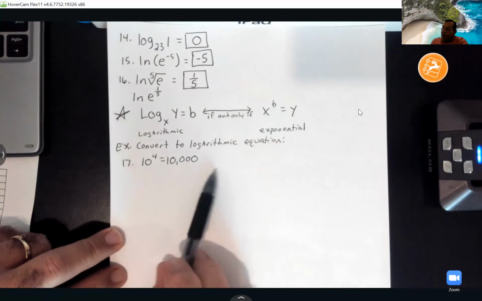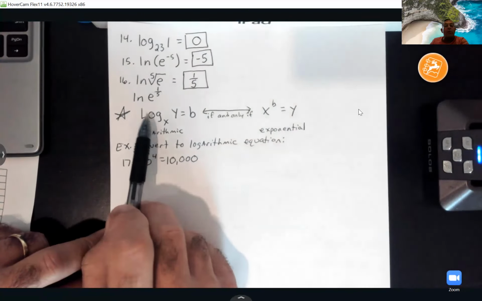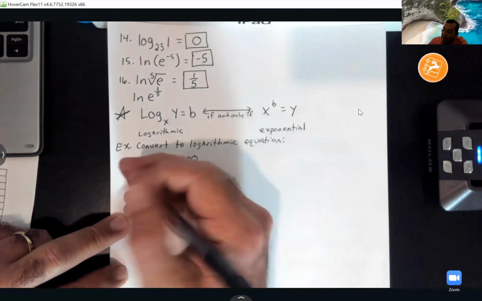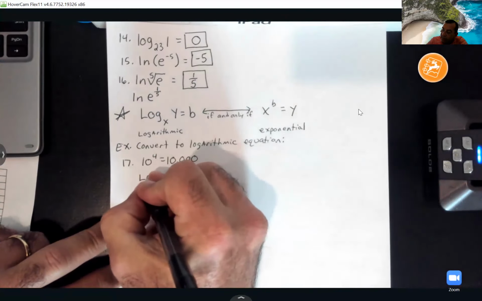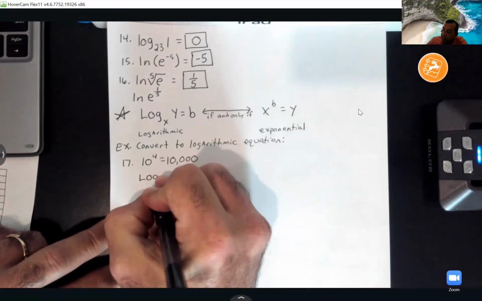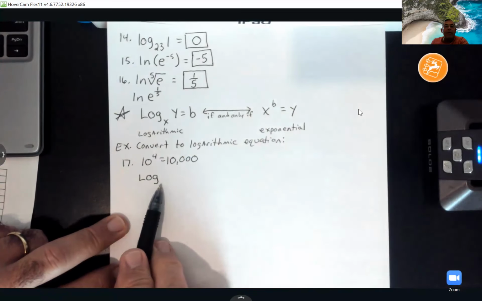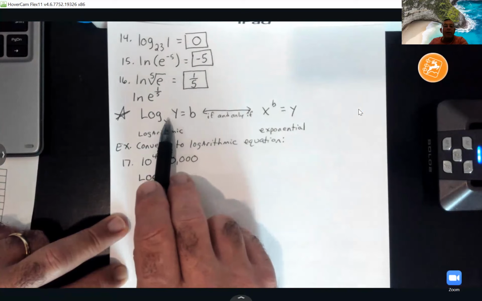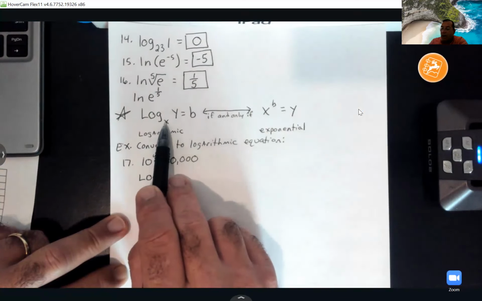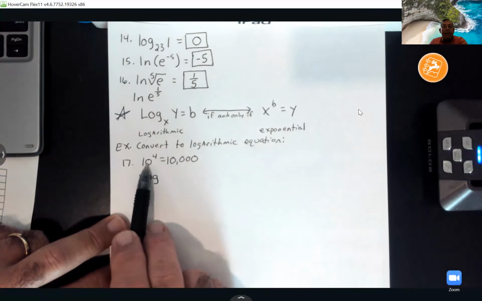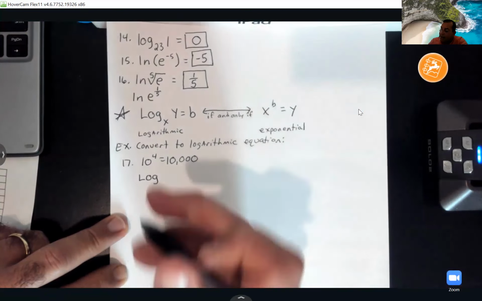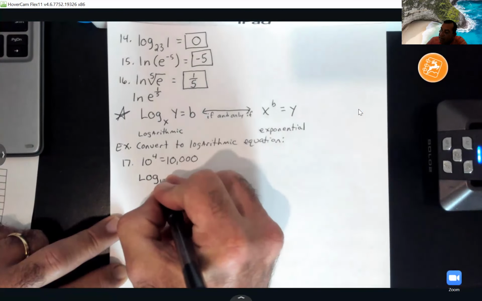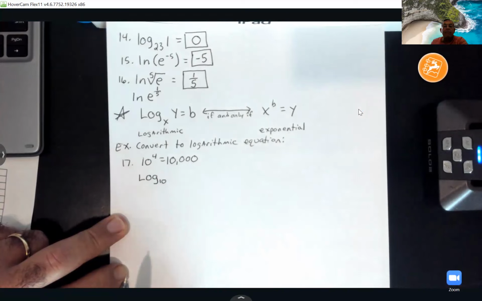So to convert it to a logarithmic, I need to first start with my log. I then need to figure out the base of my log. Well, remember, in exponential, the base is the x, so that becomes the base of the log. So I have a 10 in place of the x. So 10 will be the base of my log.